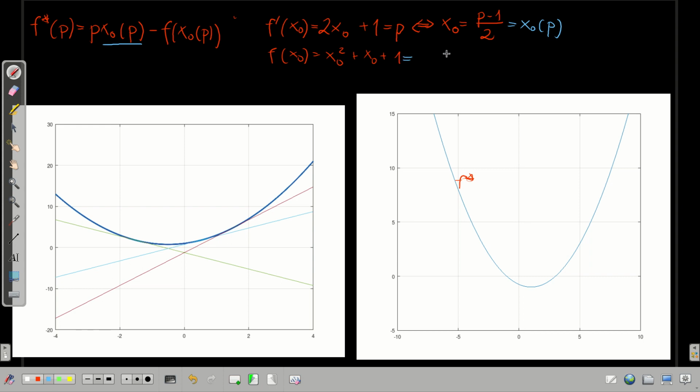So this can be also written as f of x naught, and x naught depends on p. So with this information, actually, we are done. We can calculate the Legendre transform for f, which is f star.